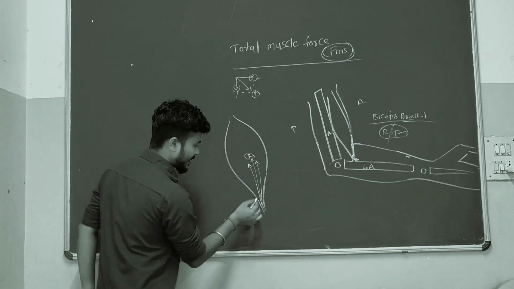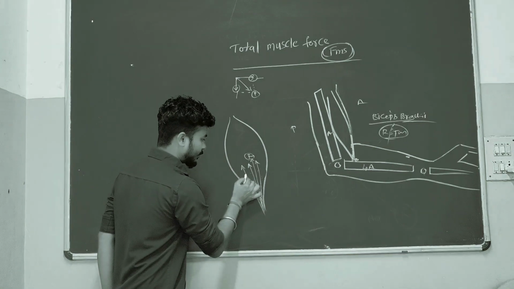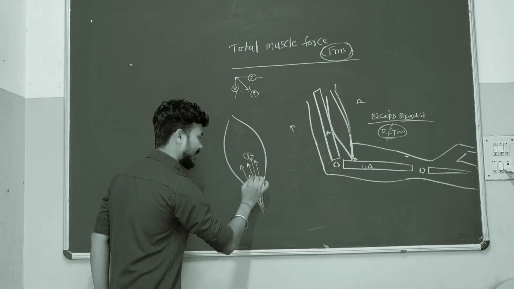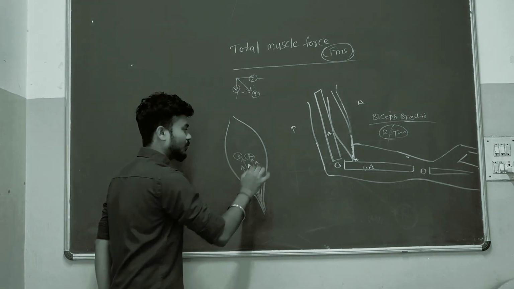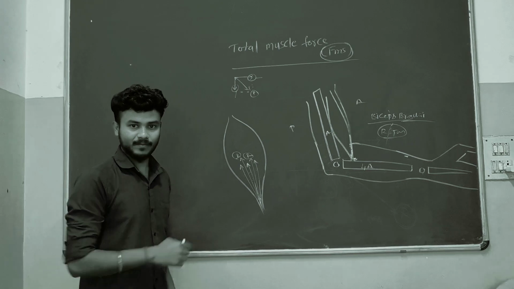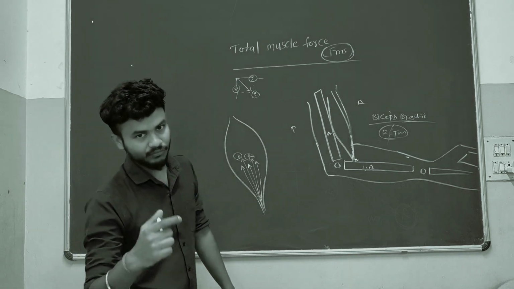Now, second point. Here I am taking one more muscle fiber. Now these two muscle fibers are concurrent forces, so here also I will get one more resultant. Same like this, all the muscle fibers, each muscle fiber will act like one force.